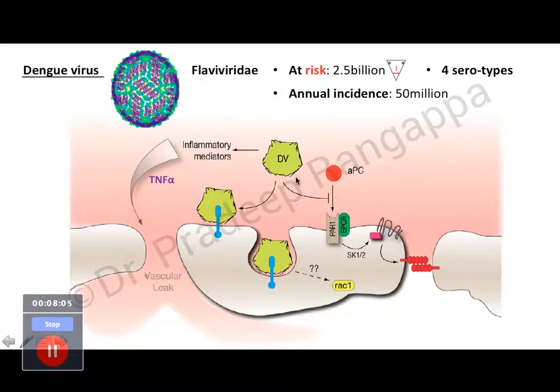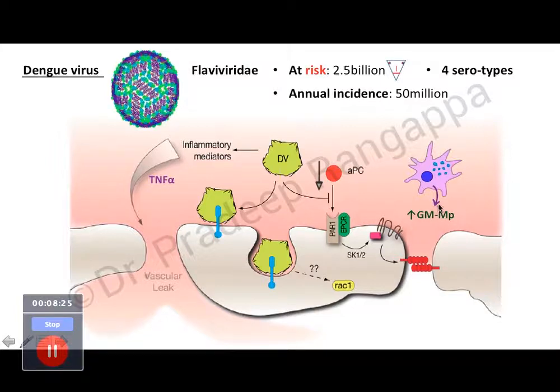Why do they bleed? Because there is a reduction of activated protein C, and because of this the bleeding manifestation can set in. In dengue virus, there is also expression of dendritic cells, and an increase in the production of gelatinolytic matrix metalloproteinases.